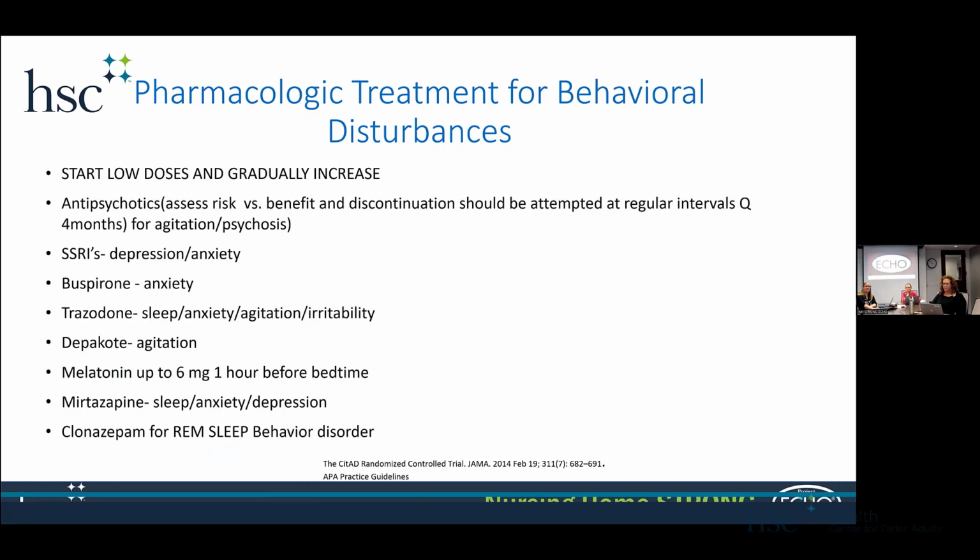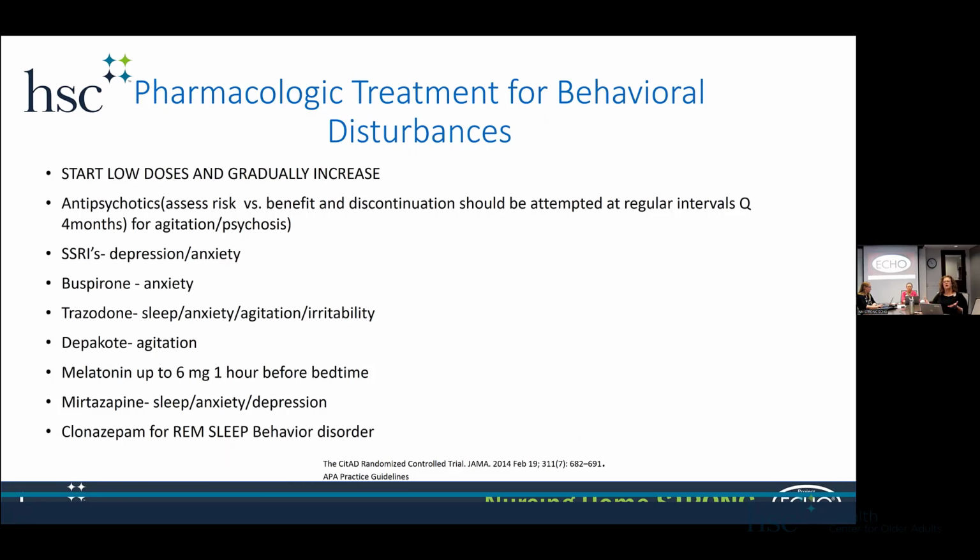So in terms of pharmacologic treatments, the main thing is we start low and go slow. So with all of these patients, I look at it in terms of quality of life. And I talk to patients' family members about quality of life too.